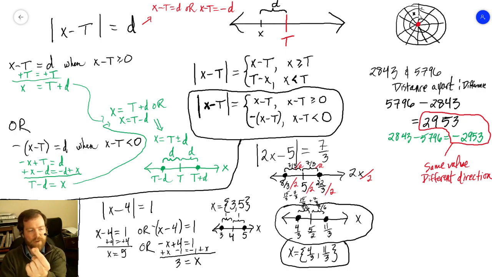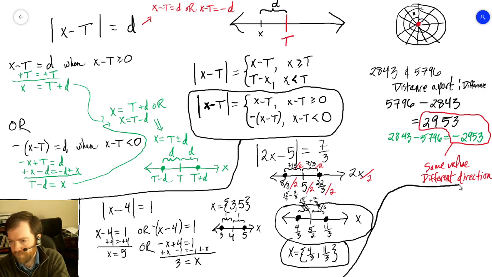You have a target value, and now you draw a circle with a radius that is exactly 7/3. And how many times does it hit that number line? Well, once out here, and once out here. So, two possible solutions. Let's just mark that there.